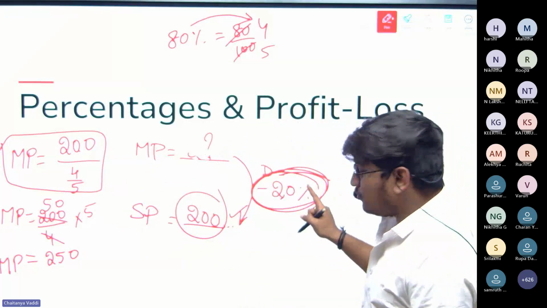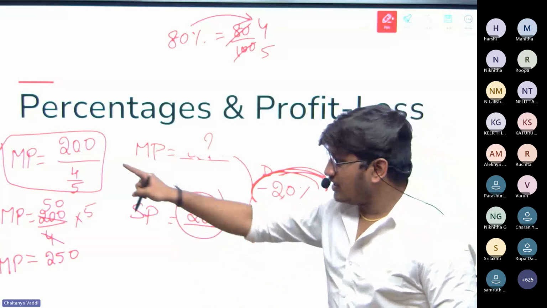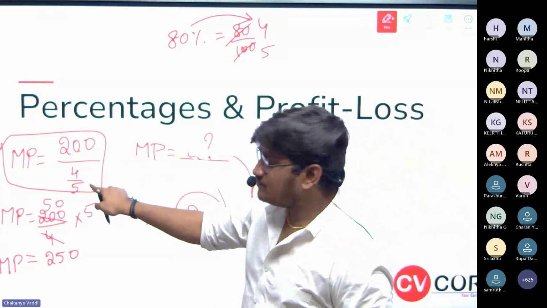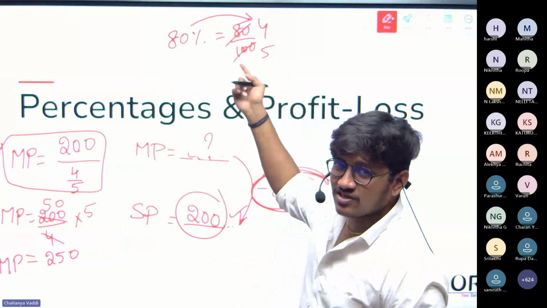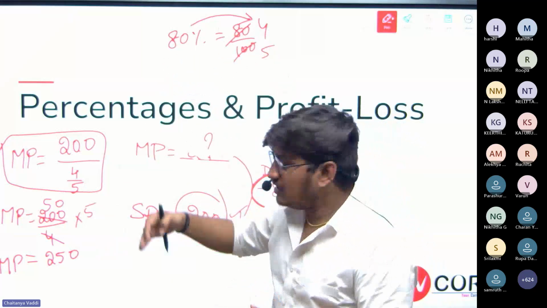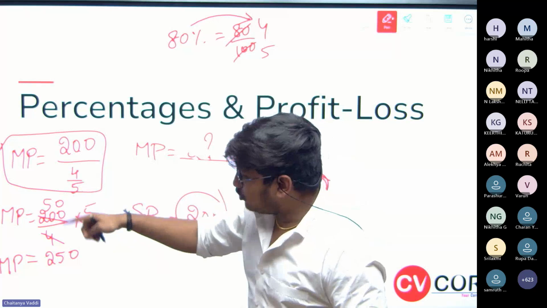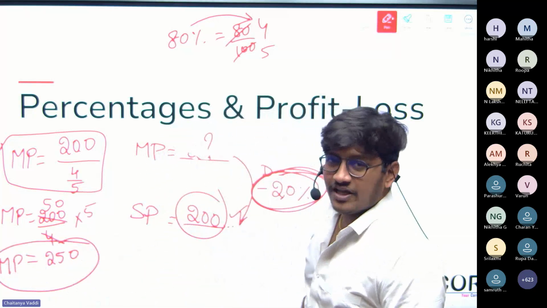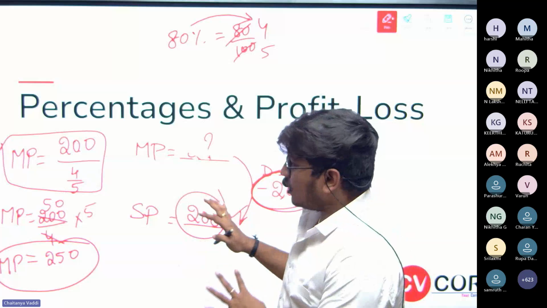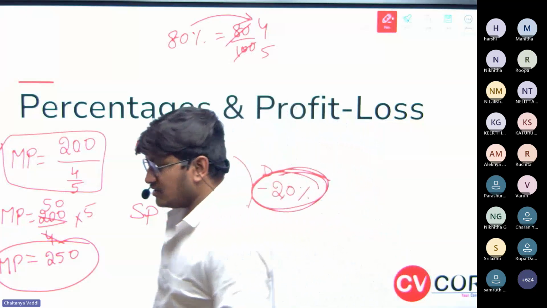After removing 20%, 80% is left out. You have to write 80% in the denominator. Sir, why 4 by 5? It means 80%. I converted it into a fraction to make our calculation simple. So 4 by 5, and when you do this calculation, you will get a market price of 250. I hope you are all clear about these small things.